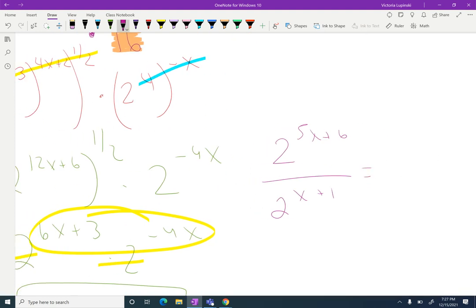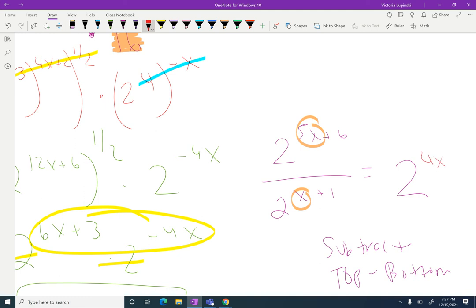If you have it as a division, you're going to subtract. And when you subtract, you're going to subtract the top minus the bottom. So you'd be doing 5x minus x, which would give you 4x. Then you'd be doing 6 minus 1, which would give you 5.